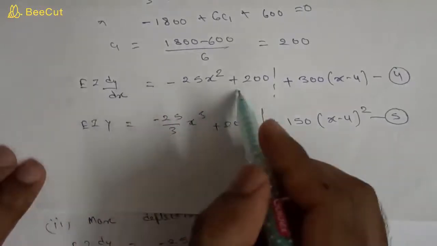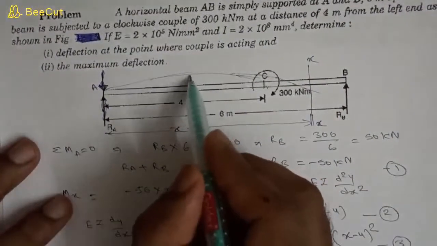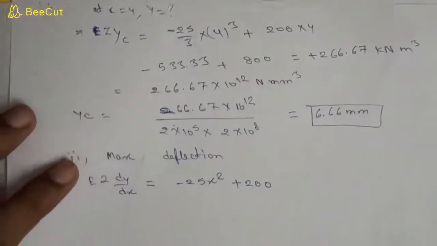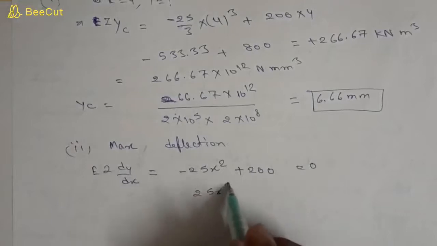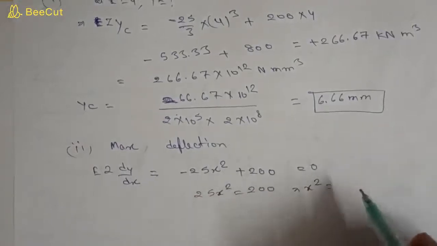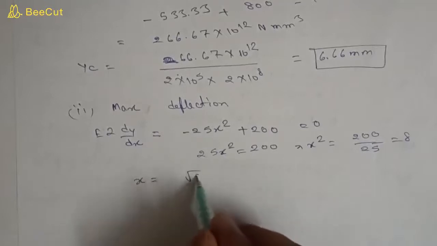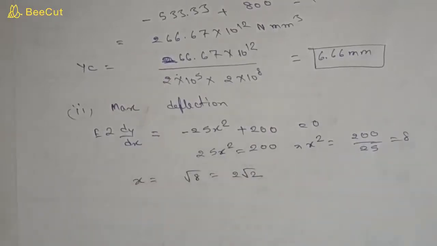We will consider only the first part, because you can see that maximum deflection will occur somewhere in this first portion. So setting it to 0, 25 x square is equal to 200. So x square will be equal to 200 divided by 25, so it will become 8. So x will become root 8, which is equal to 2 root 2. So at x is equal to 2 root 2, maximum deflection will occur.